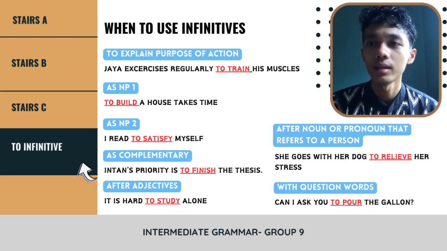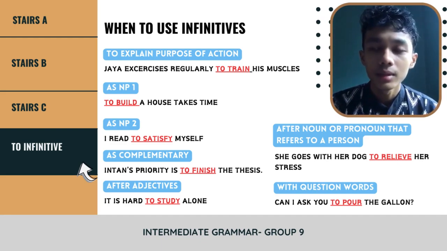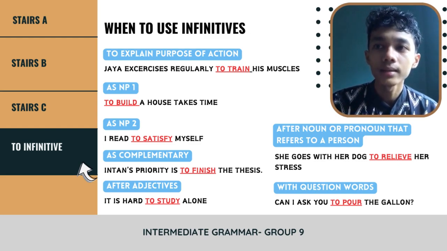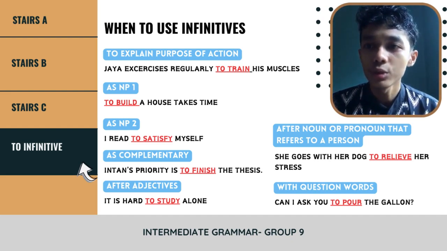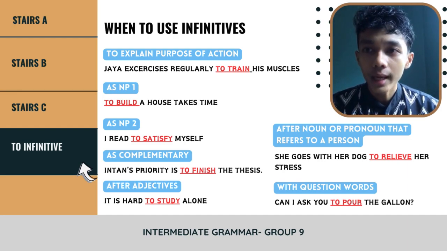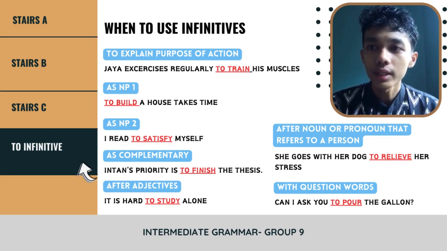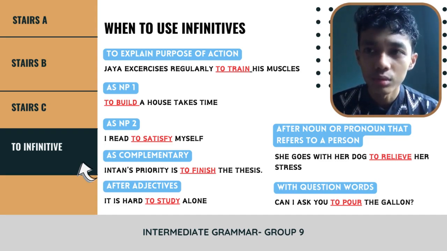The next one is infinitives as NP1. To build a house takes time. You could see that to build a house is the NP1, takes is the verb, and time is the NP2. The next one is infinitives as NP2. The example is I read to satisfy myself, which is the I is the NP1, read is the verb, and the to satisfy myself is the NP2.